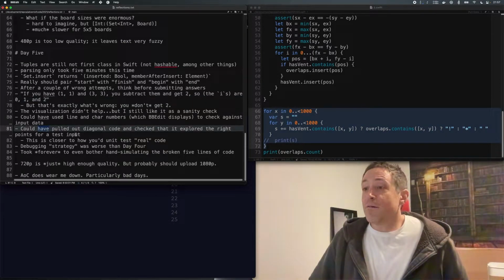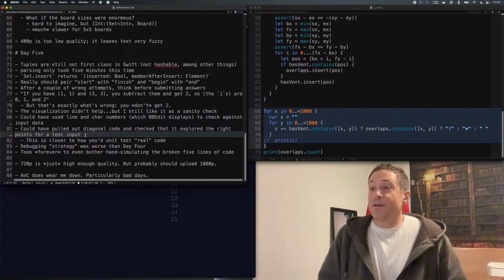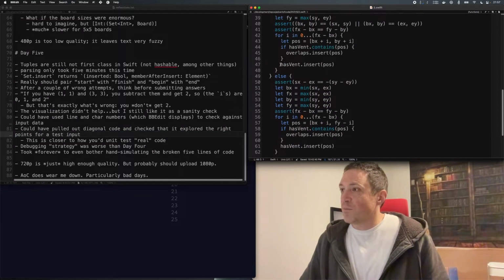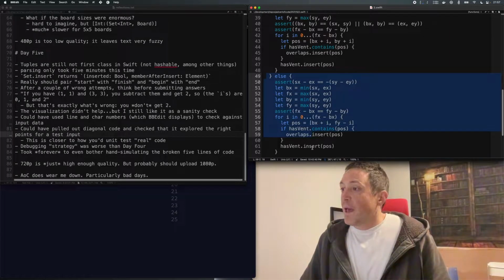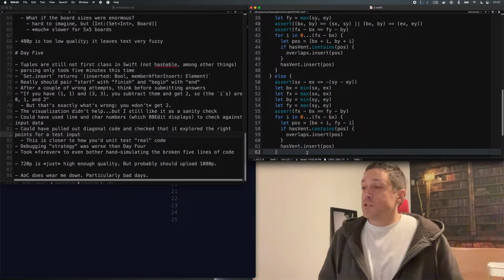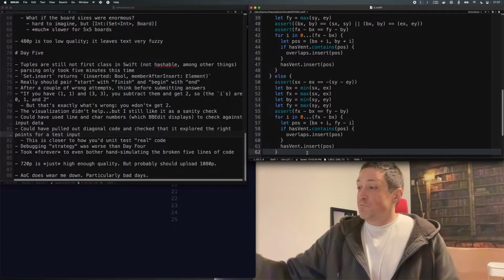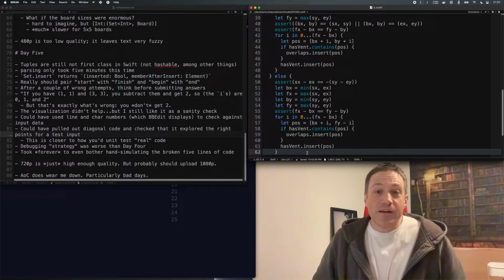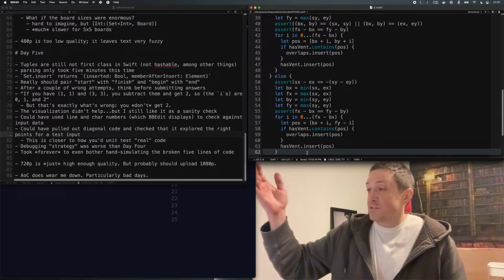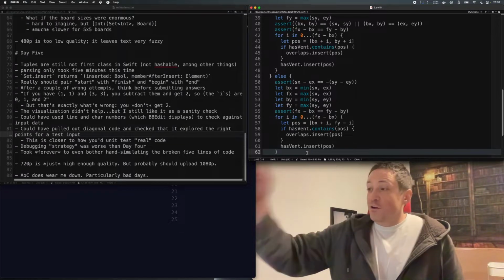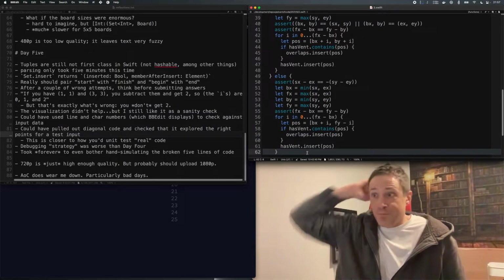I could have pulled out the code for the diagonals, which is just this little block here, and run it by hand on a couple of inputs and seen what it shoved into the hash set, or just printed these things as they came out.